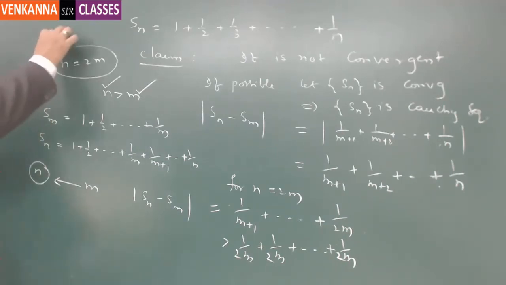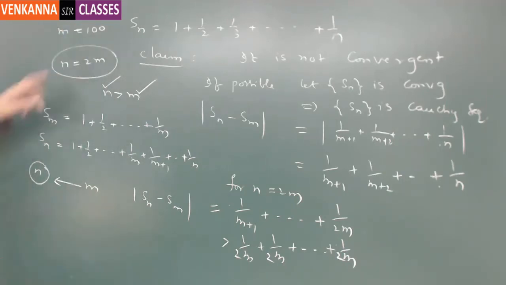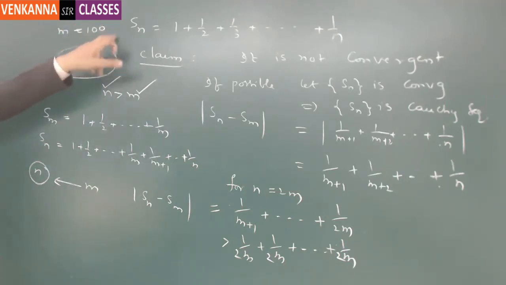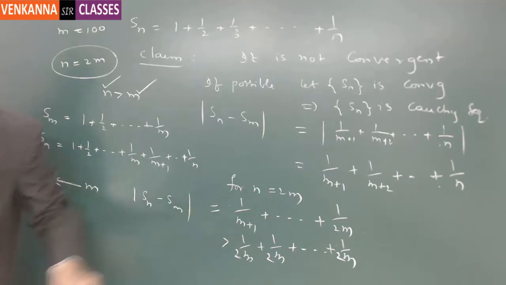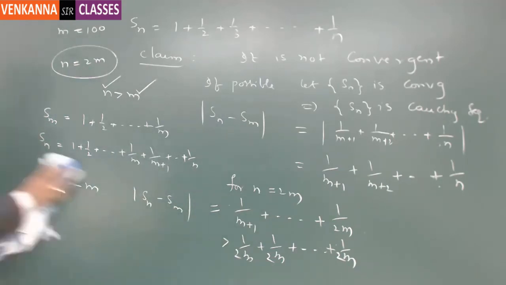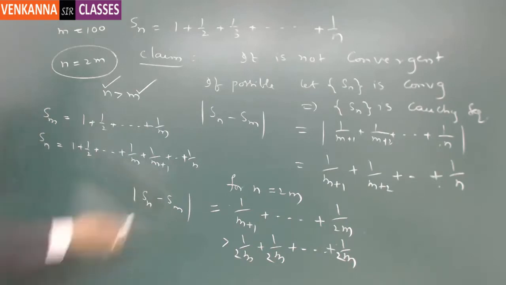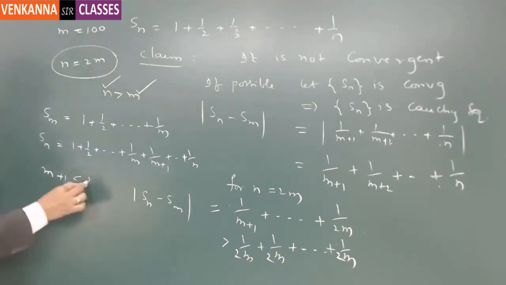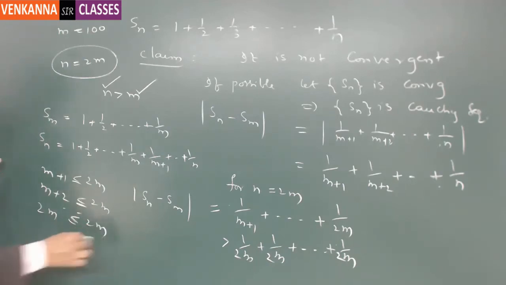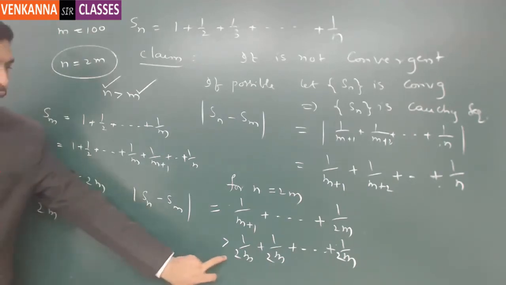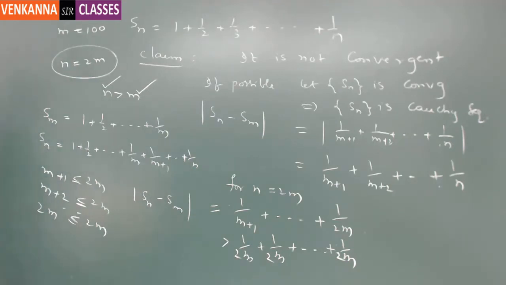So if m is 100, you can take n as 101, 102, 103, anything bigger. I am taking n as 200. This holds because m plus 1 is less than or equal to 2m, m plus 2 is less than or equal to 2m, and so on. So by taking the reciprocal, this one will hold. Accepted?